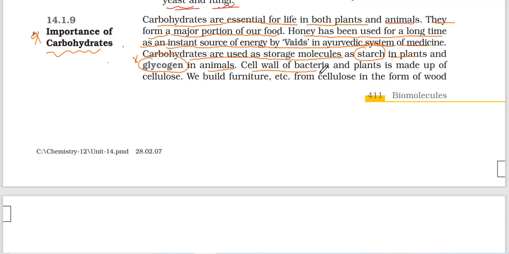Cell wall of bacteria and plants is made up of cellulose. Okay, every plant has cells. Each cell has a cell wall. That cell wall is made by glucose. We build furniture, etc. from cellulose in the form of wood. Now what we are getting as wood is nothing but cellulose only.